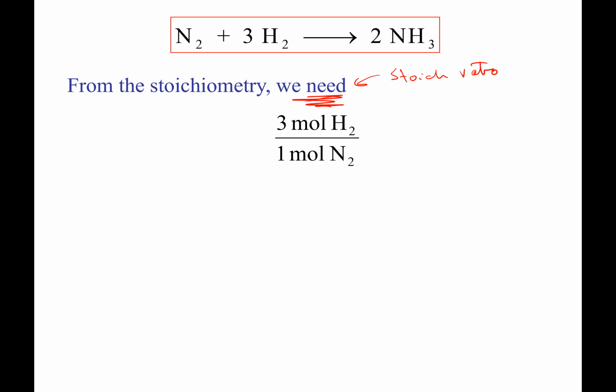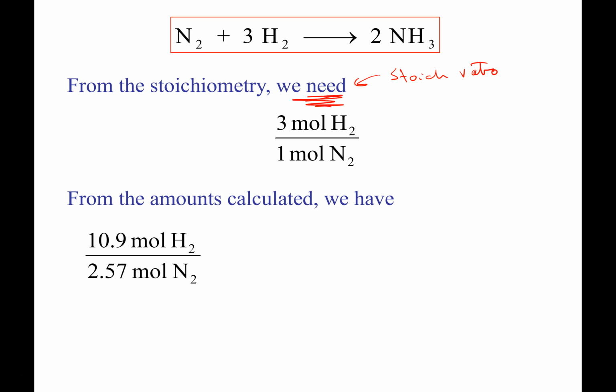That's our recipe. And I kind of explain where our have ratio comes from. From the previous slide, we came up with 10.9 moles of H2. That's what we have from that mass of H2, and 2.57 moles of N2. We divide it out, unless you're Rain Man, I can't do that one. 3 sig figs, you're looking at 4.24 moles of H2 per mole of N2. And then it focuses on the species in the numerator.